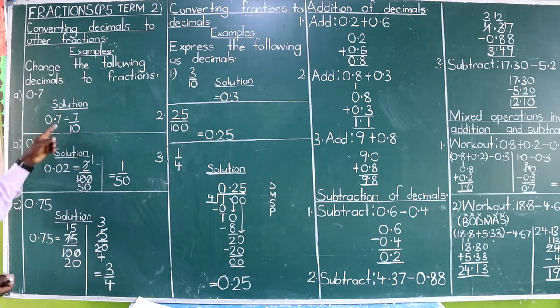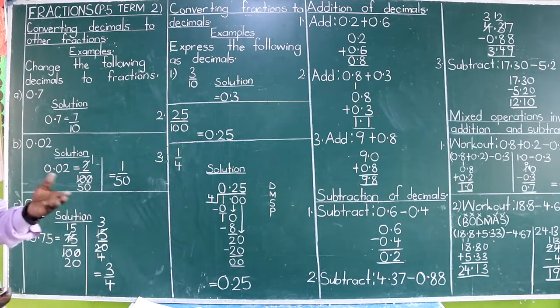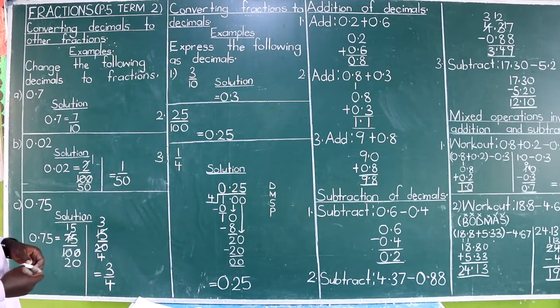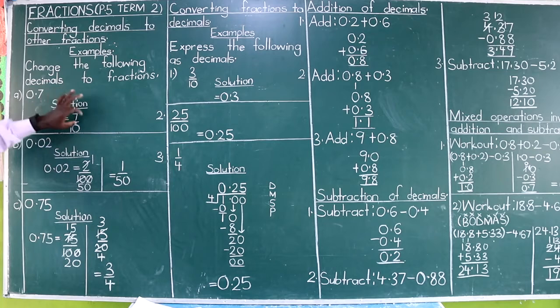So that's why 0.7 is equal to 7 out of 10. 0.6 will be 6 out of 10. 0.2 will be 2 out of 10. 0.1 will be 1 out of 10. So this 0.7 is 7 out of 10. Because both are read the same way, this is 7/10, this is also 7/10. So 7/10 is equal to 7/10, but written in different styles.